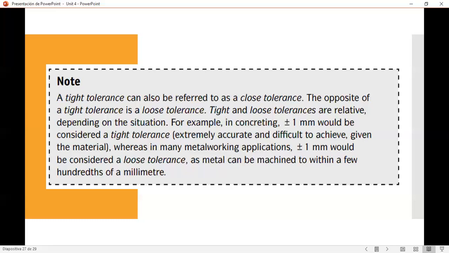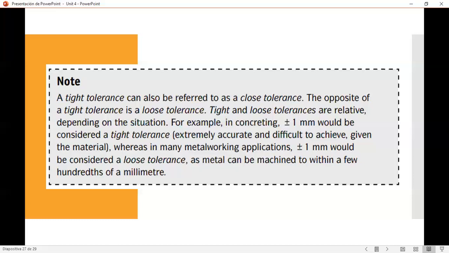For example, in concreting, plus or minus 1 millimeter would be considered tight tolerance, whereas in many metalworking applications, plus or minus 1 millimeter is considered loose tolerance. It's the same 1 millimeter, but in concreting it's tight tolerance, and in the metalworking area, it's a loose tolerance.